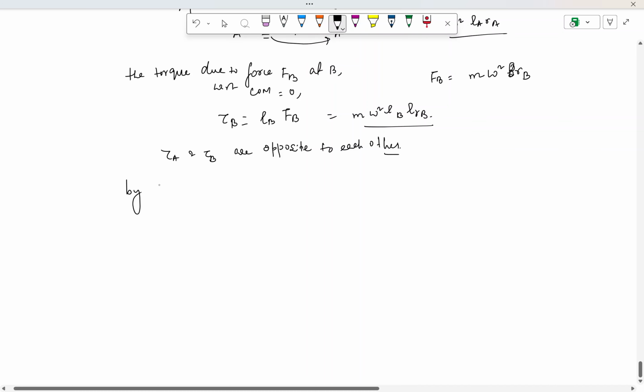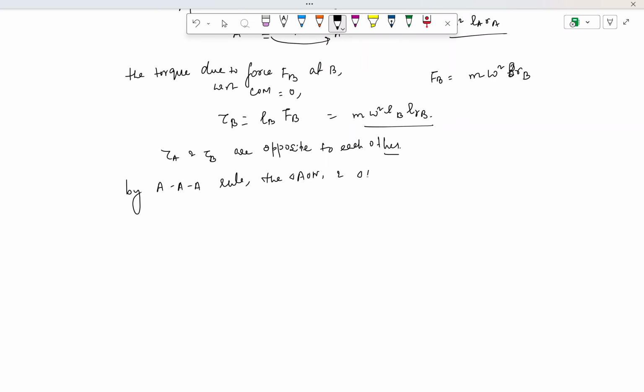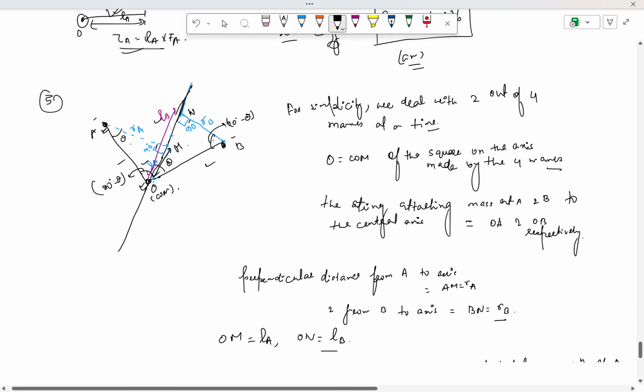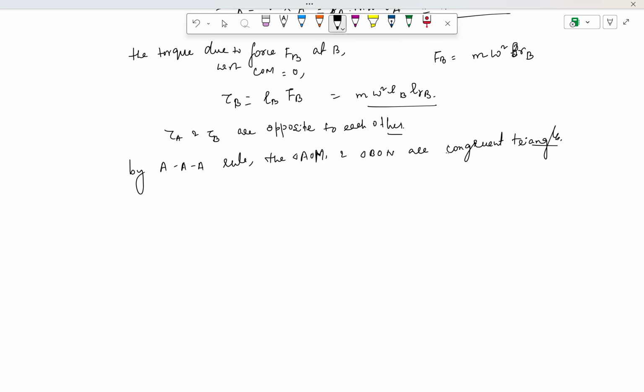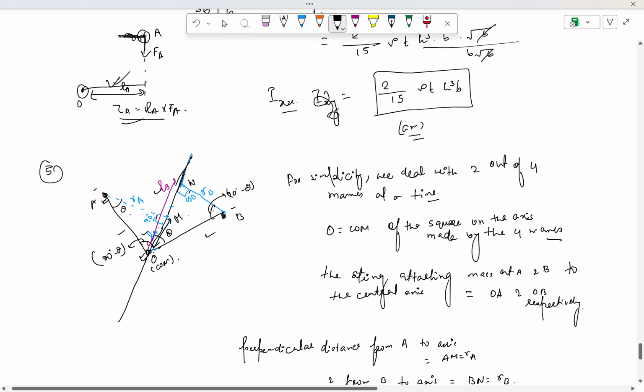So by the three angle rule, triangles AOM and BON are congruent, and by satisfying the property of congruent triangles, you can apply the perpendicular axis rule, and because of this you see that you have two arm values to be exactly the same.